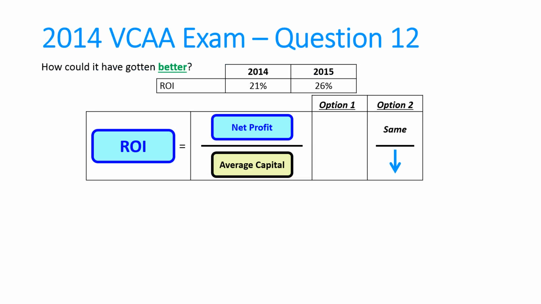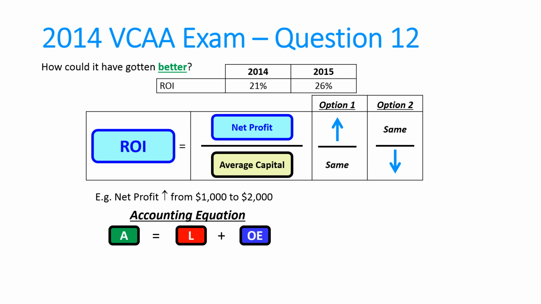So how can I make this better? Well, one option is to make the number on top go up, like so, and keep the number on the bottom the same. So is that a possibility? Well, let's look. What about if I made a net profit last year of 1,000 and that went up to 2,000? Well, by definition, a net profit is increased assets and owner's equity, so that's last year.